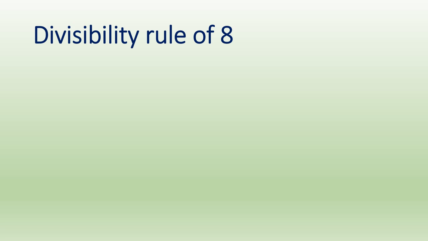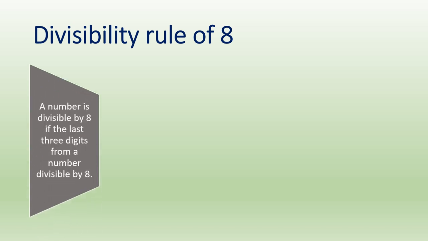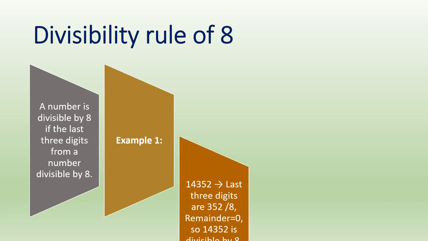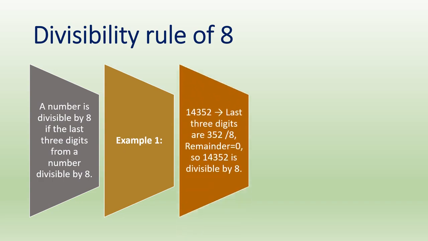Next is the divisibility rule of 8. A number is divisible by 8 if the last 3 digits form a number that is divisible by 8. Example, 14352. The last 3 digits are 352. We simply divide it by 8. We will get the remainder as 0.